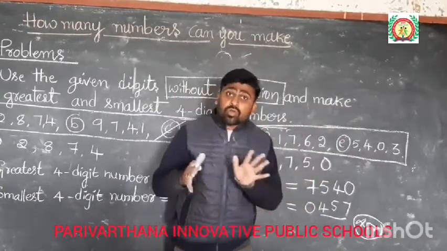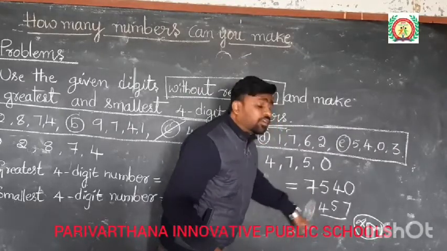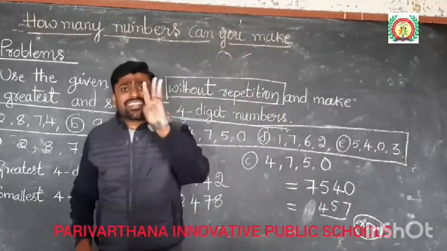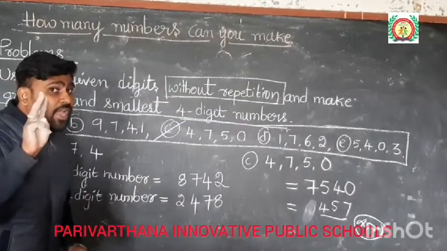We don't take 0 into count, so it is not a 4 digit number, just a 3 digit number. Understood? Just a 3 digit number.